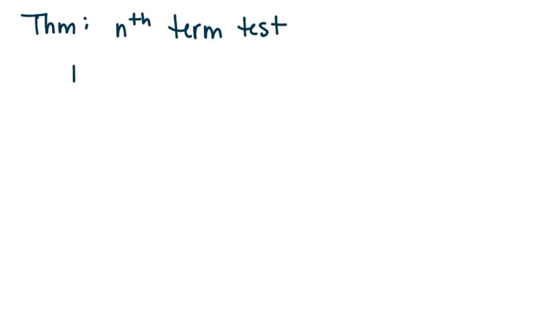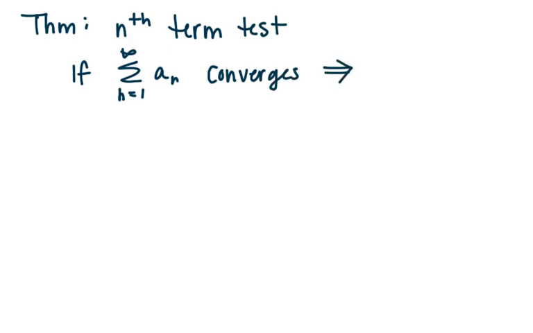It says if we have a sum from n equals 1 to infinity of all these a sub n terms, and it converges, then that last term, our nth term, must approach 0.